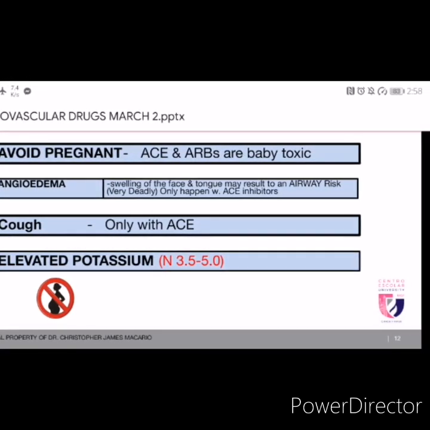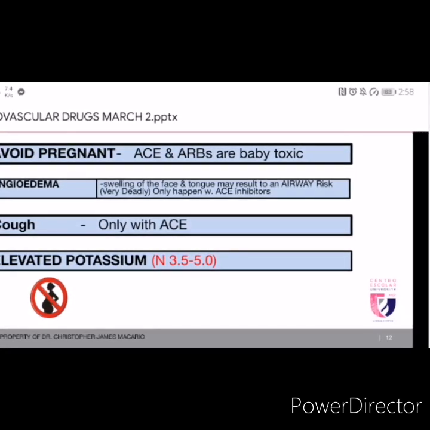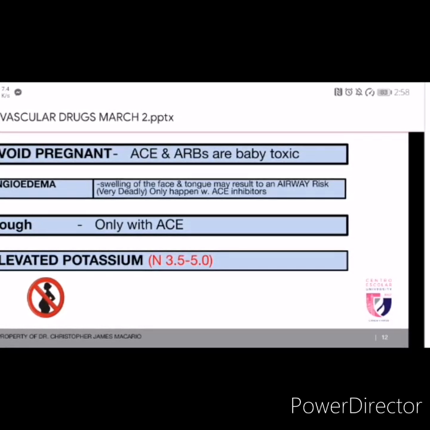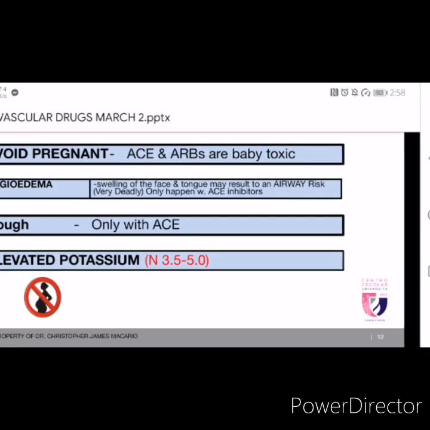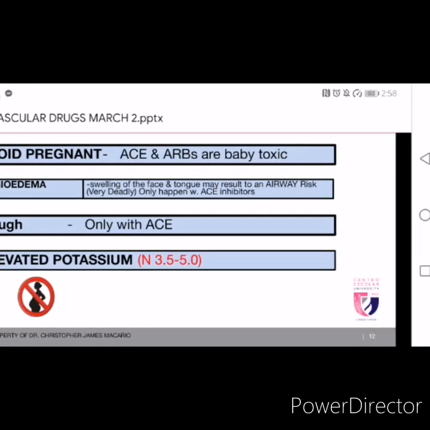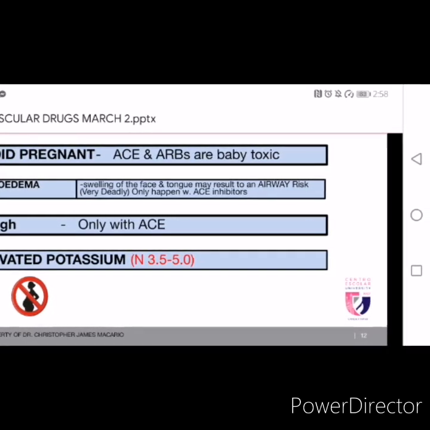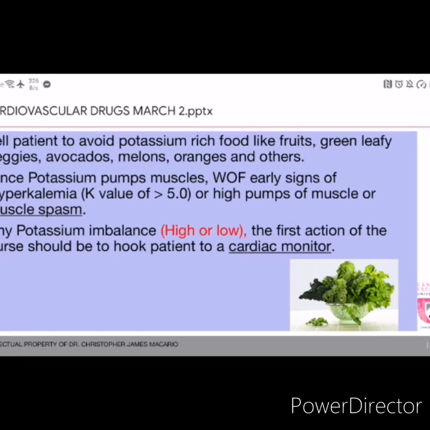And remember, we are talking about the heart. So, yung common signs usually kapag merong mataas or mababang potassium can be seen in muscles, specifically yung heart muscles, yung sinasabi nating spasms. Okay? And remember, it's baby toxic. What do you tell your patients?